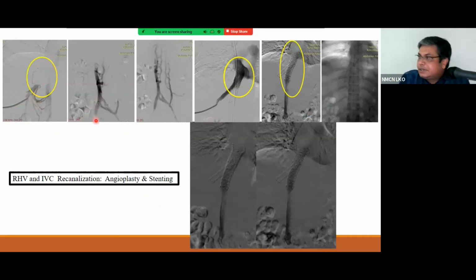In this dedicated vena cavogram via transfemoral route, we can say there is obstruction of hepatic IVC with drainage via collaterals. So in this patient, angioplasty was done and stents were placed both in RHV and IVC with restoration of antegrade flow to heart, both from RHV and IVC.